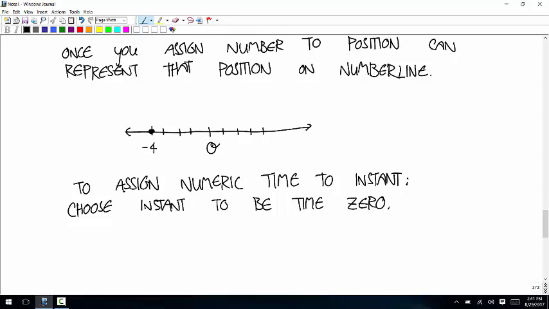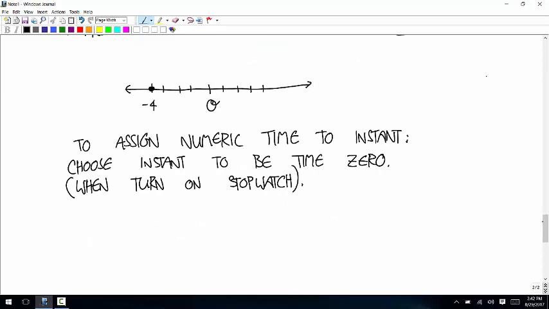Then the numbers that you read on the stopwatch as time goes by are the time of each one of those instants. With time, you don't have to choose a forward direction, a positive direction, because time only moves in one direction. But it's sort of the same idea as the reference for position. We're choosing this reference time to compare stuff to.